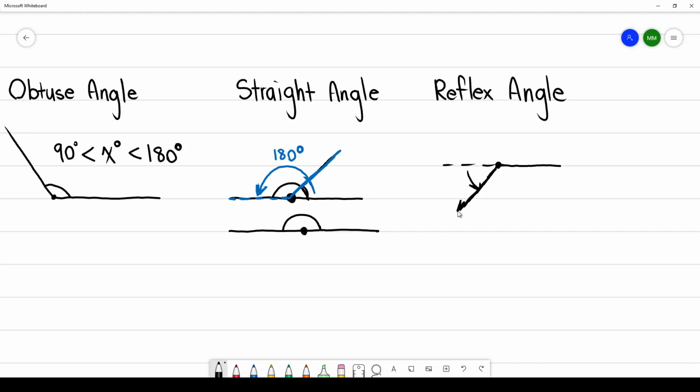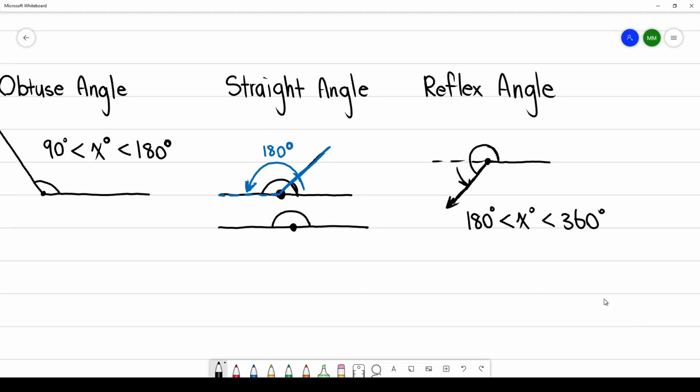It becomes here. You can say that on this side is an obtuse angle, but what we are focused on is the rotation on this side, since an angle is a rotation. So the rotation on this side is like this. This is where it is greater than 180 degrees, but smaller than 360 degrees.